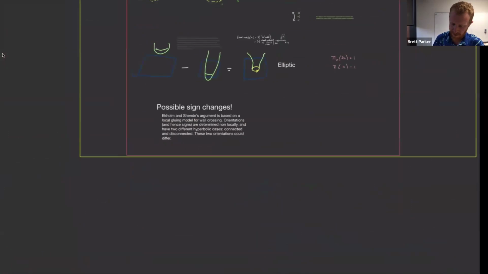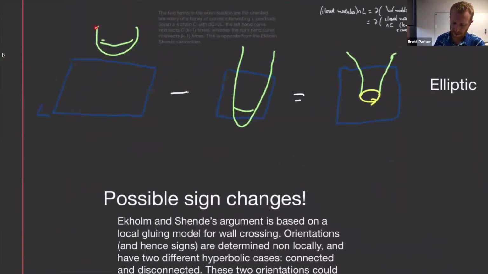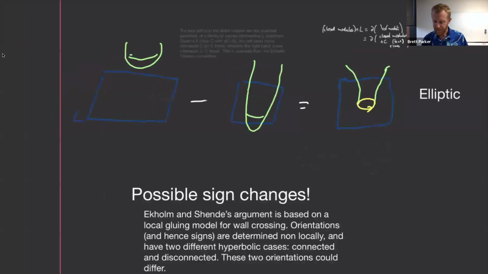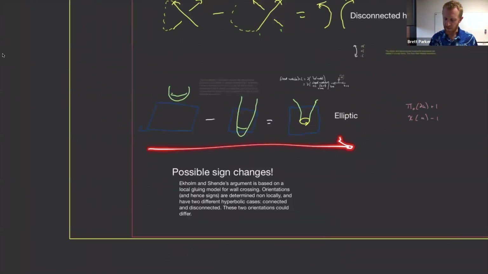is cancelled out by something in the Skein relation where you've got a family of holomorphic curves not intersecting L. In the middle, the not drawn thing, this intersects L, and on this right-hand side, it's passed to the other side of L. Okay, so somehow you've got a one-dimensional family of these which intersect L in a positive or negative sign, which determines the sign here. So you also need this elliptic Skein relation.